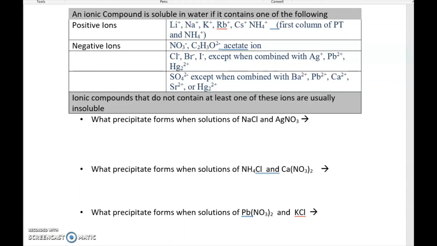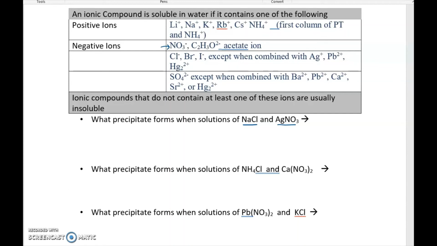So let's see what happens to solubility when we pour solutions together. If we add a solution of sodium chloride, which we know is soluble because it's got sodium in it, and silver nitrate, and we know that all of the nitrates are soluble, we'll get a bunch of ions.